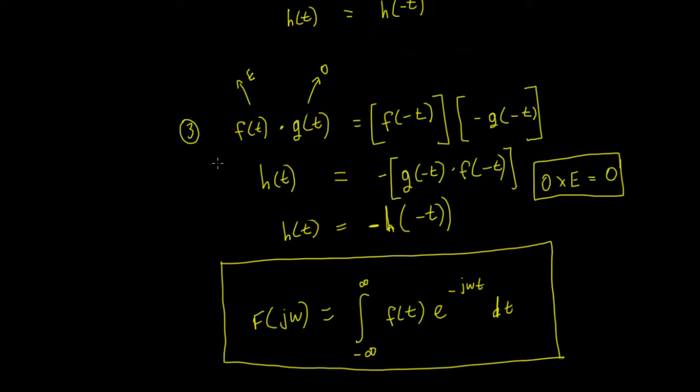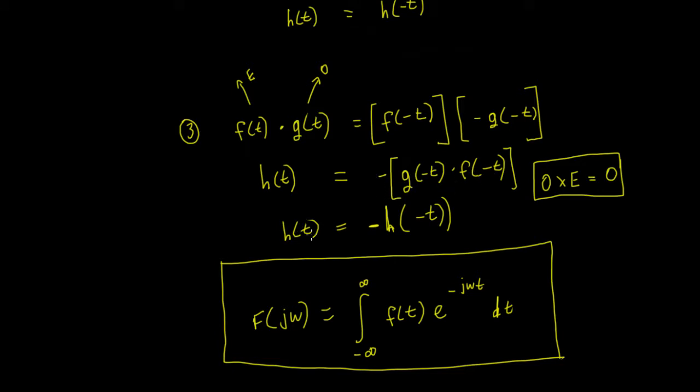The last one: imagine f of t is even and g of t is odd, and when we multiply the two together we get some function h of t. We could write the even function as f of minus t, and the odd function would be minus g of minus t. So we can take the minus sign out, and we'd have g of minus t, f of minus t.